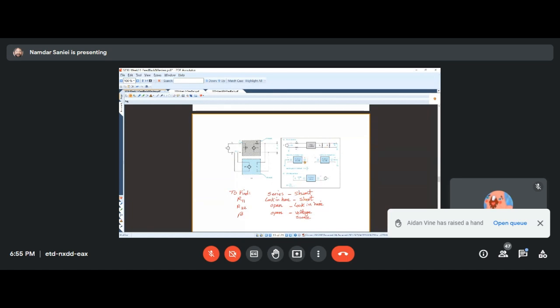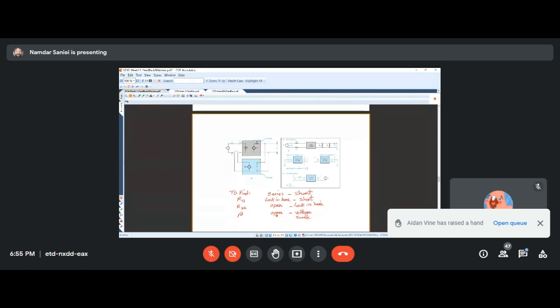Here is the short. When we look for R22, we're looking into port 2. What do we do with port 1? Because we look into port 2, port 1 is under series. Series must be open. So series is translated to open, shunt is translated into short whenever we don't know what we need to do with that port.